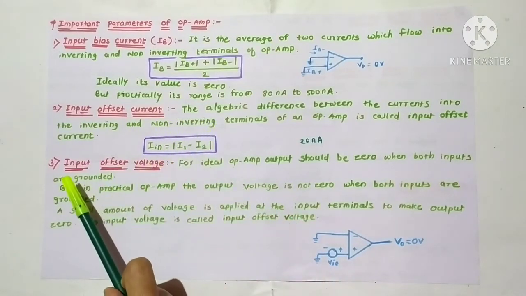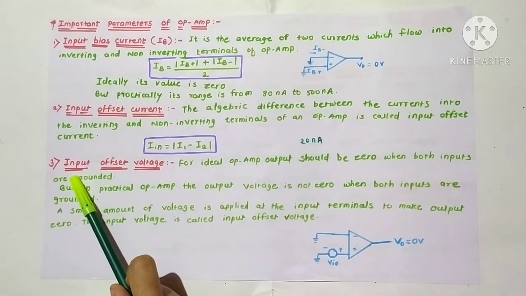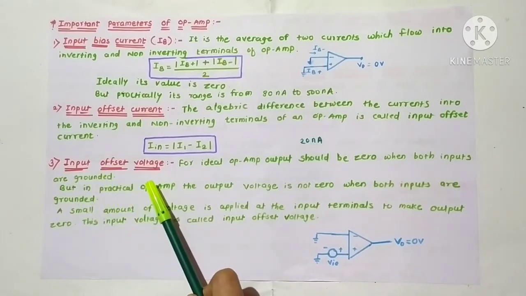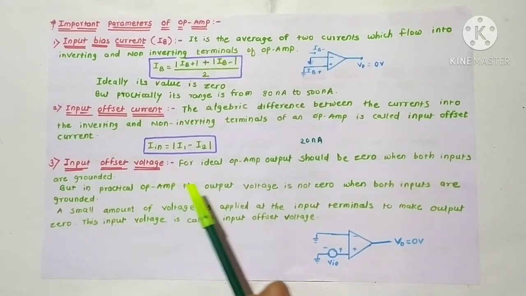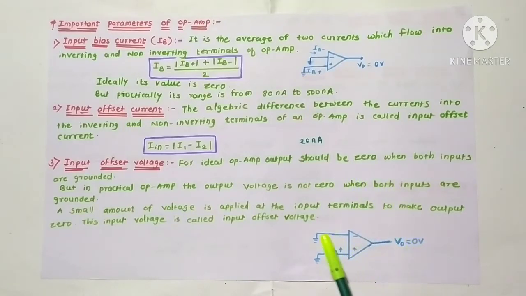Now, the next parameter is input offset voltage. For an ideal op-amp, the output should be 0 when both the inputs are grounded. But practically, the op-amp output is not 0 when both inputs are grounded.